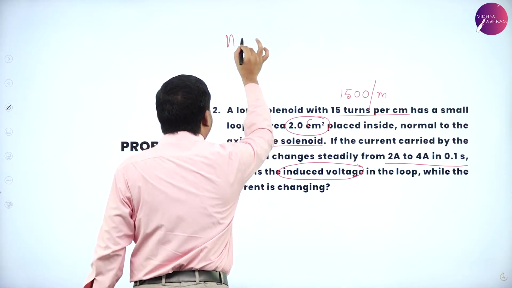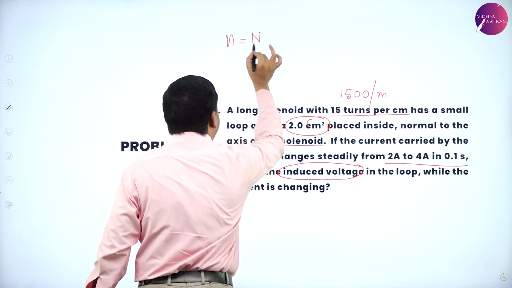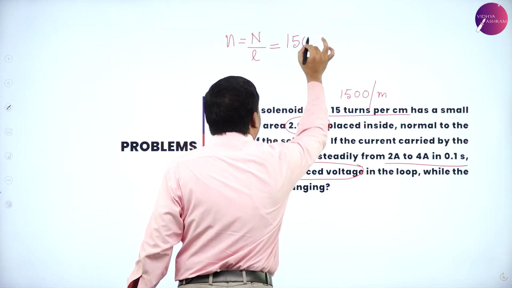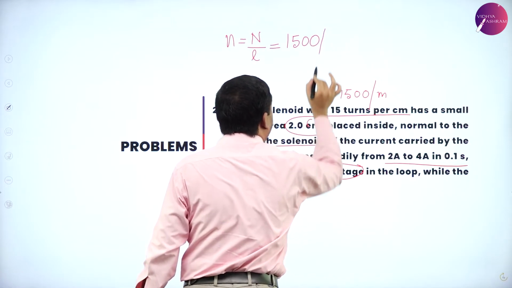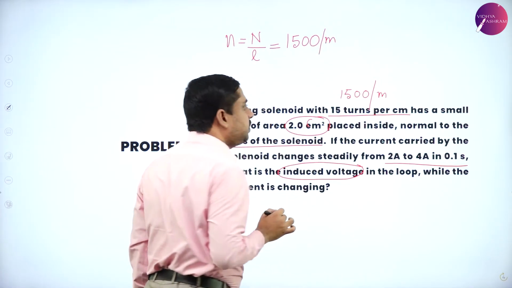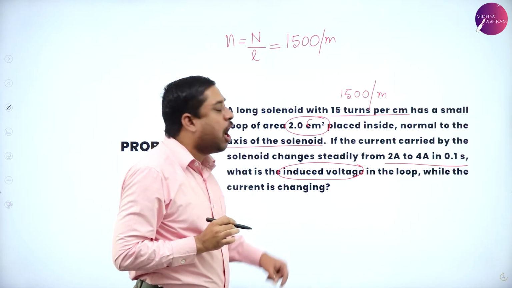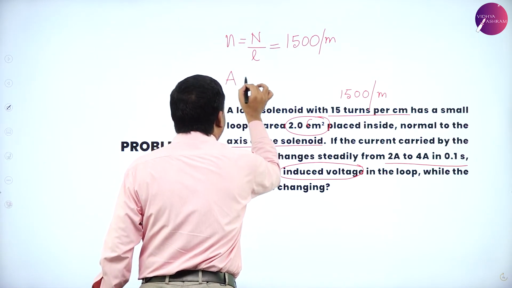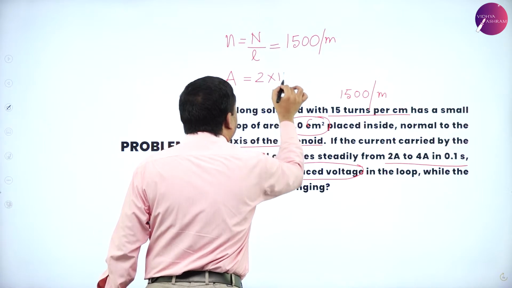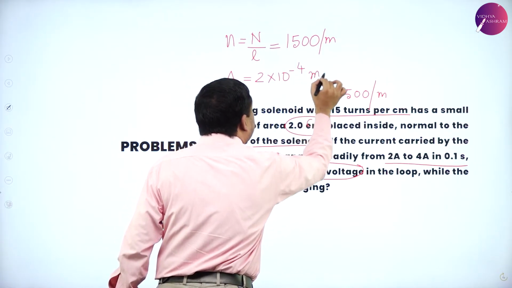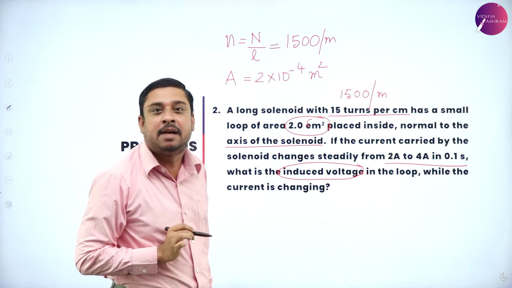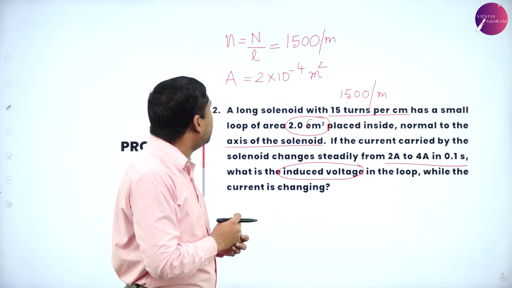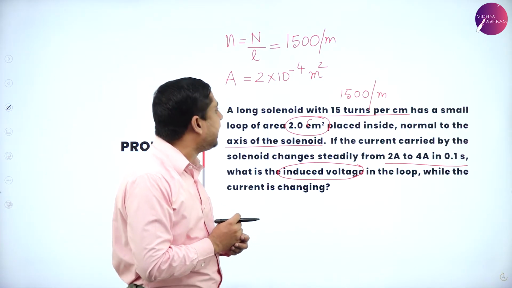Here small n is given, which is capital N by L, directly 1500 per meter. It has an area of 2 centimeters square. So area is 2 into 10 power minus 4 meter square. I have converted to the SI system. 2 centimeter square is 2 into 10 power minus 4 meter square.